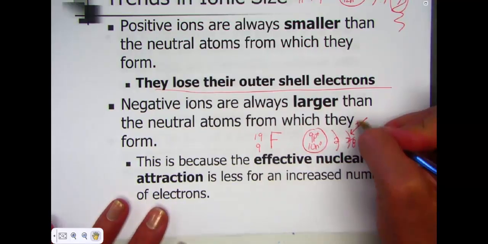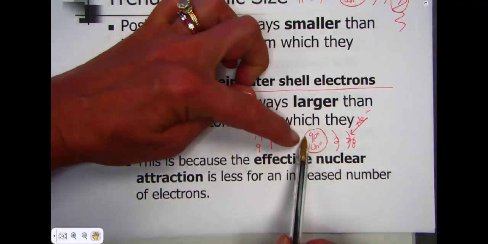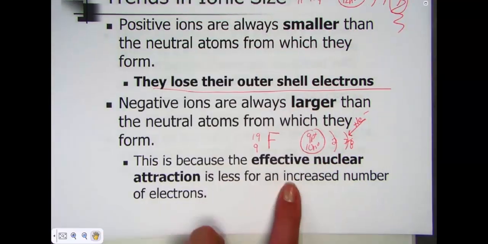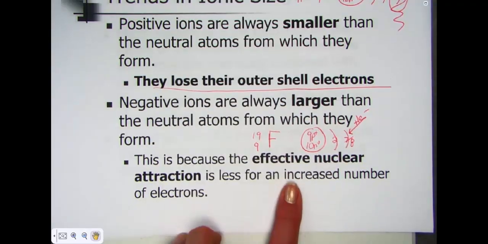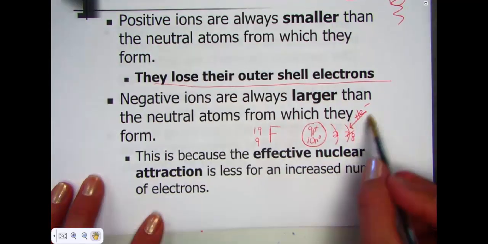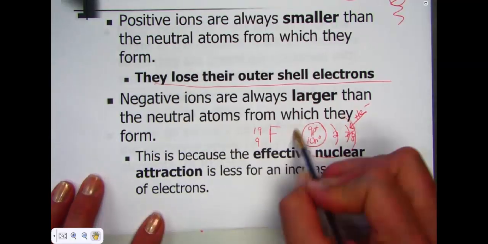It's gaining an electron. But notice what happens. 9 positive protons, 10 negative electrons. The effective nuclear charge is less. Adding negative charges to the same number of positives makes it a little bit more difficult to pull in that outermost shell. Because I add in an extra electron, that makes the cloud a little bit bigger.